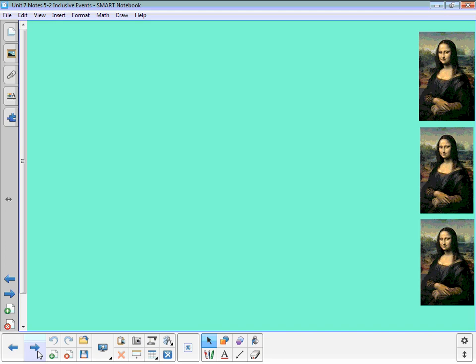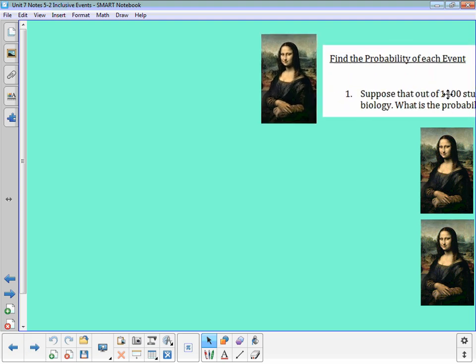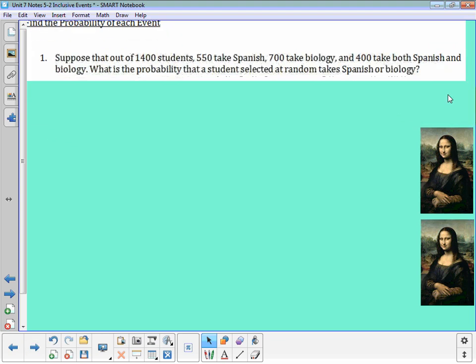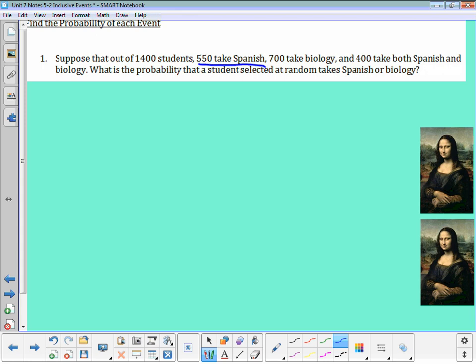So let's take a look at number 1. Suppose that out of 1,400 students, 550 take Spanish, 700 take biology, and 400 take both. That both tells me immediately that I'm going to have some overlap. I'm going to have two different events. So first I'm going to find the probability that a student is taking Spanish.